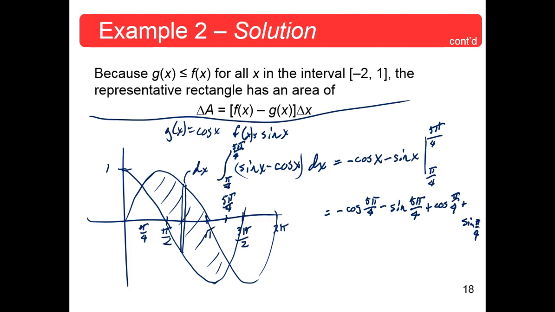All right, now we got to figure out what the cosine of 5 pi fourths is. Well, where are we, Waldo? This is the first quadrant, second quadrant, third quadrant, fourth quadrant, right? So where are we with this one?